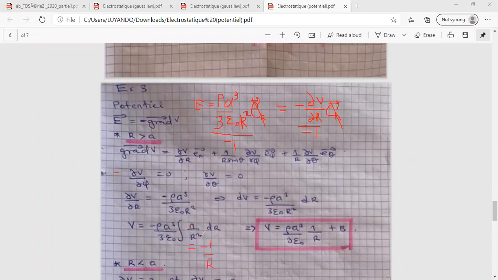So if I replace this here, my negatives are going to cancel and I'm going to remain with this plus a constant V from our integration. So that's how you get the V, I mean the potential. That's how I calculate the potential.